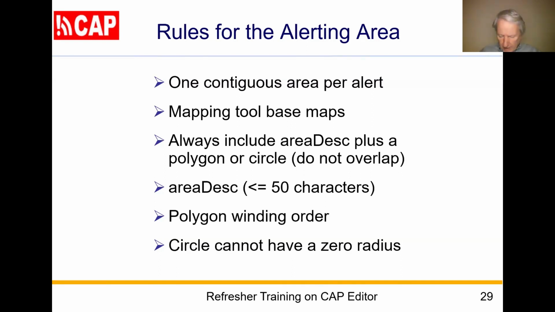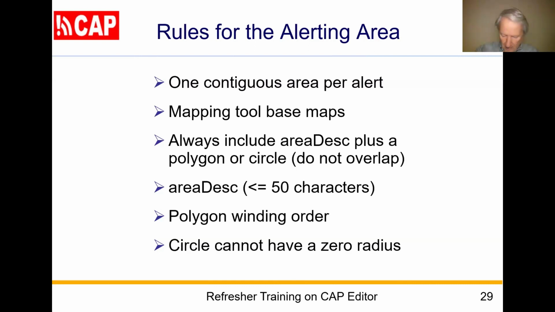The CAP Editor does check for the polygon winding order automatically, and you'll get an information note when CAP Editor goes ahead and reverses the order of the vertices, because it's going to assume that you always mean the area within the polygon you just drew, even if you draw it in the clockwise order, which technically, according to GIS, Geographic Information Systems, means everywhere on Earth except the area you just outlined.